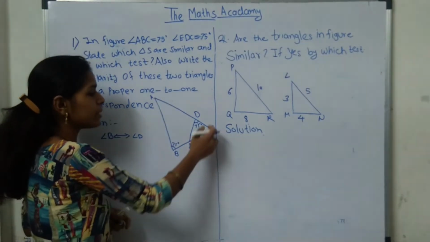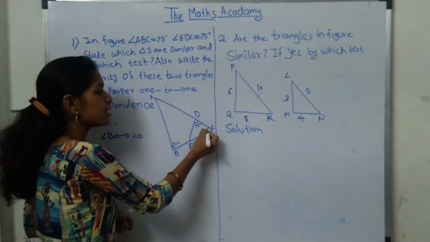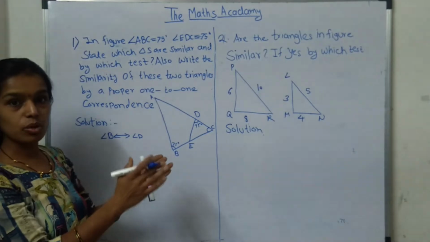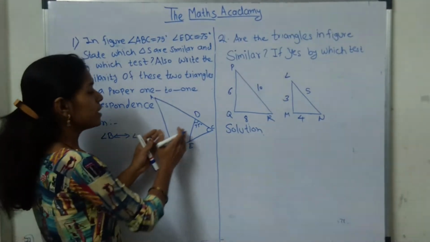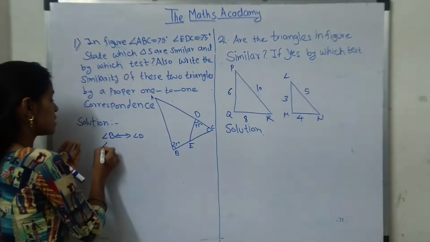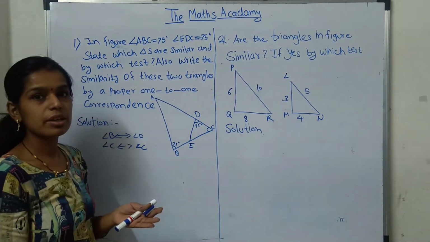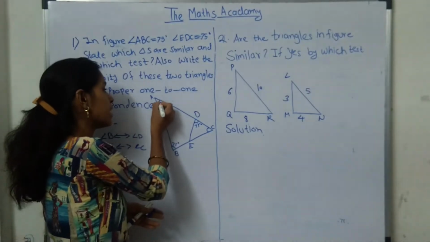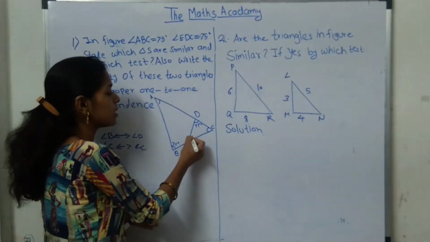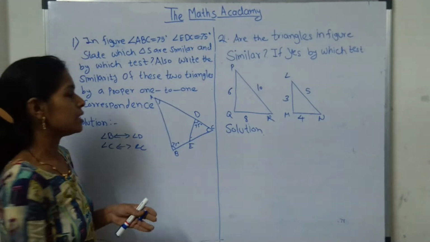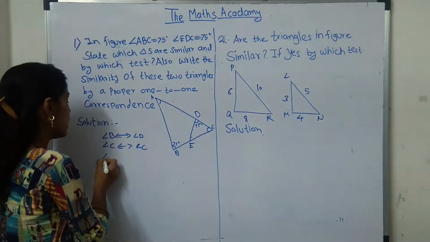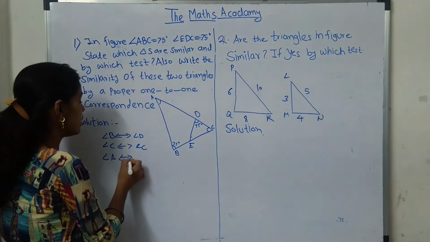Also, angle C is the common angle in both the triangles. That's why C corresponds to C. Now, the remaining third vertex is A of triangle ABC and vertex E of triangle EDC. That's why angle A corresponds to angle E.